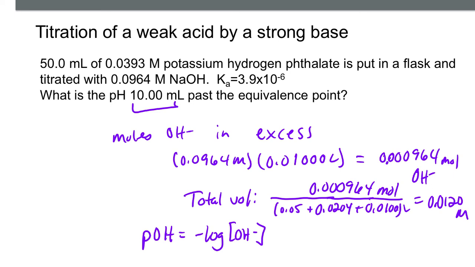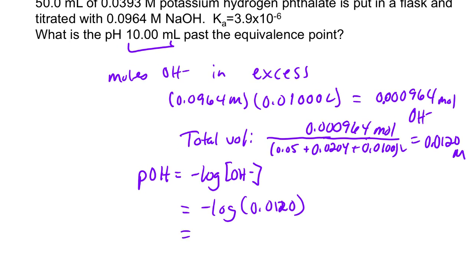Plug that into our pOH. We get 1.92. And so the pH equals 14 minus 1.92, or 12.08.